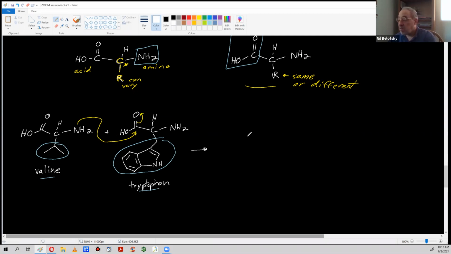Since it's a lot to draw, what I can do here is this. H plus. One more look at the overall mechanism. C, O, H, O minus, connected to. That's really the center of the action, right in here. And then we have the deprotonation, loss of one of these protons.